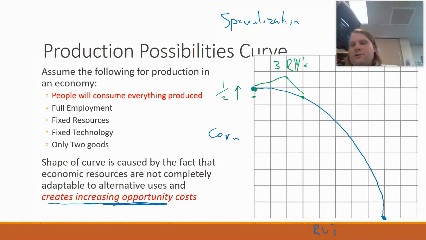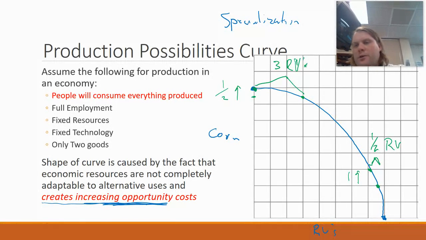Okay, now let's just say that I go up from here to here, right? Now I'm gaining one whole unit of corn, so I'm going up one. Well, how many RVs do I have to give up? Well, this here is only a half of an RV.